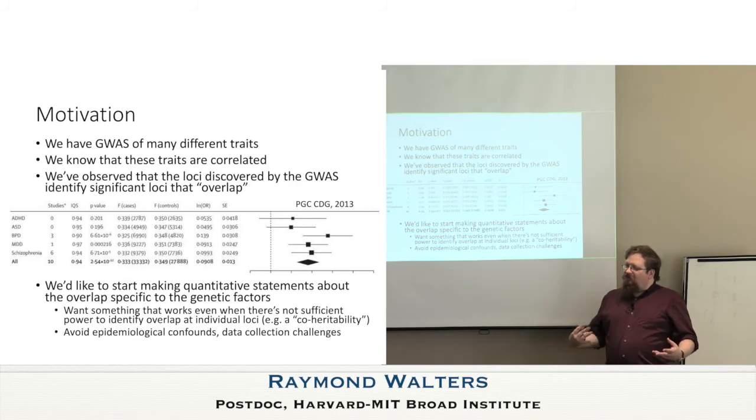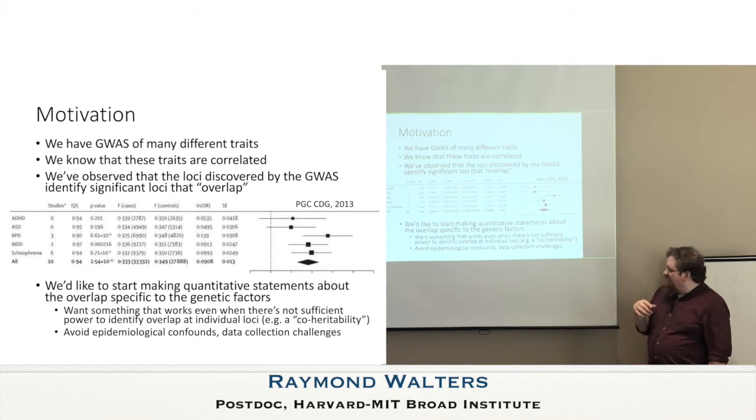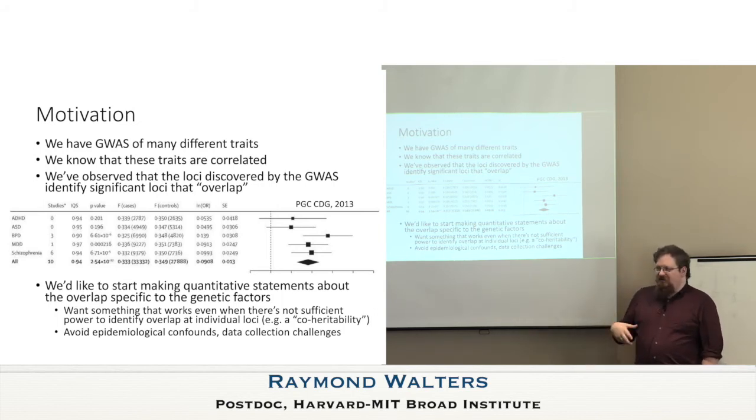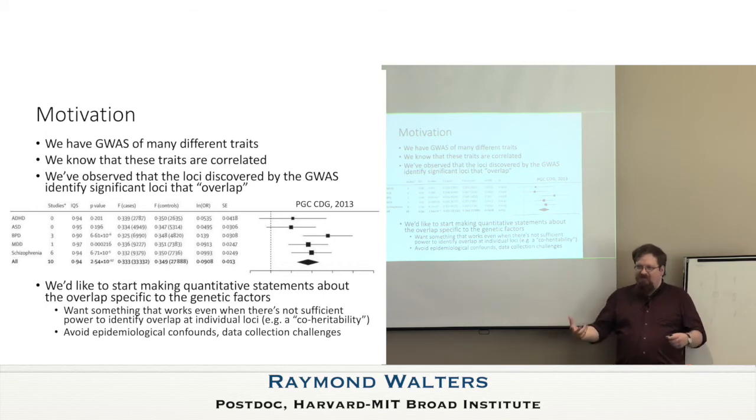we might want to make statements, similar to the way we'd like to summarize the total heritability attributable to SNPs, about the overlap of the genetic factors between pairs of traits. And this is nice both in looking at how much the genetic evidence links the two, getting beyond just the idea that the phenotypes are correlated to whether the part of the phenotype that's associated with the genetics is correlated.